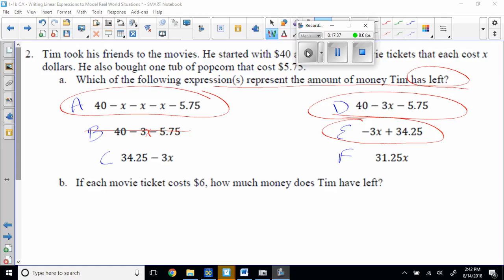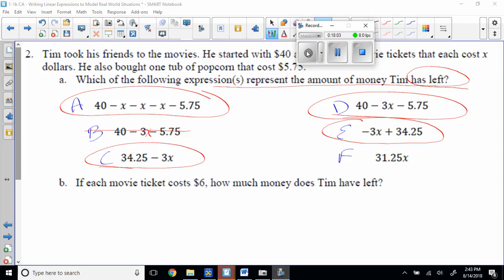Give me the value. Negative 3x. Do I have a negative 3x in C? Okay, good. Read the second value, please. Positive 34 point what? 25. Good job. Do I see a positive 34.25 in C? Yes. You are very wise, those of y'all that said this.